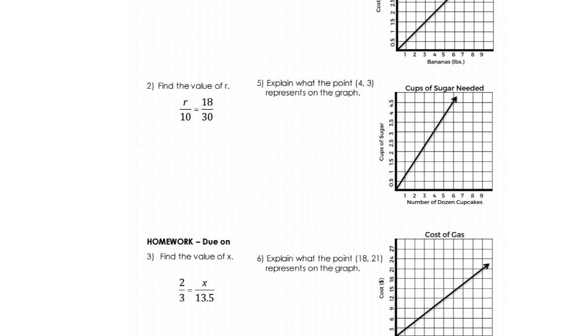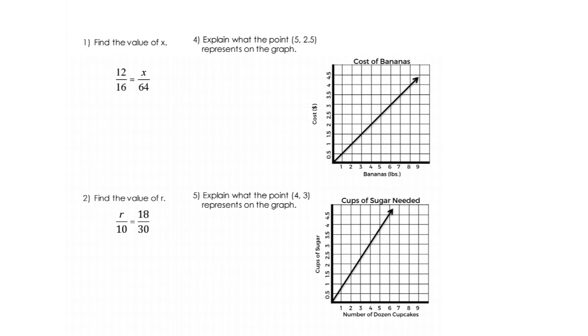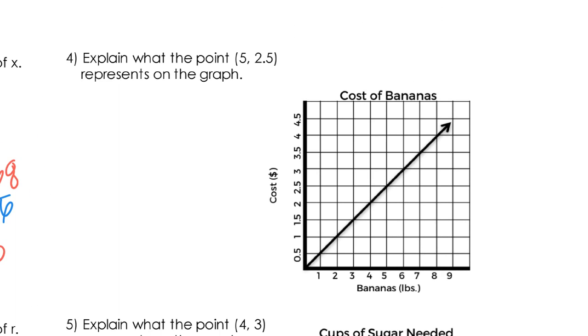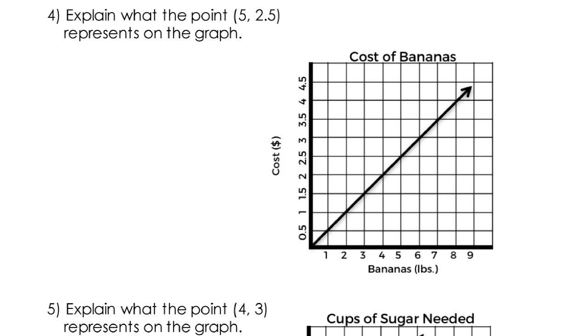I want you to solve 1 and 2 for me. Those should be pretty straightforward. Take a moment and solve 1 and 2, and then we'll come back to 4 and 5. Hopefully you got 48 and then 6. Now let's look at example 4. It wants you to explain what the point (5, 2.5) is. Remember, it's x and then y.